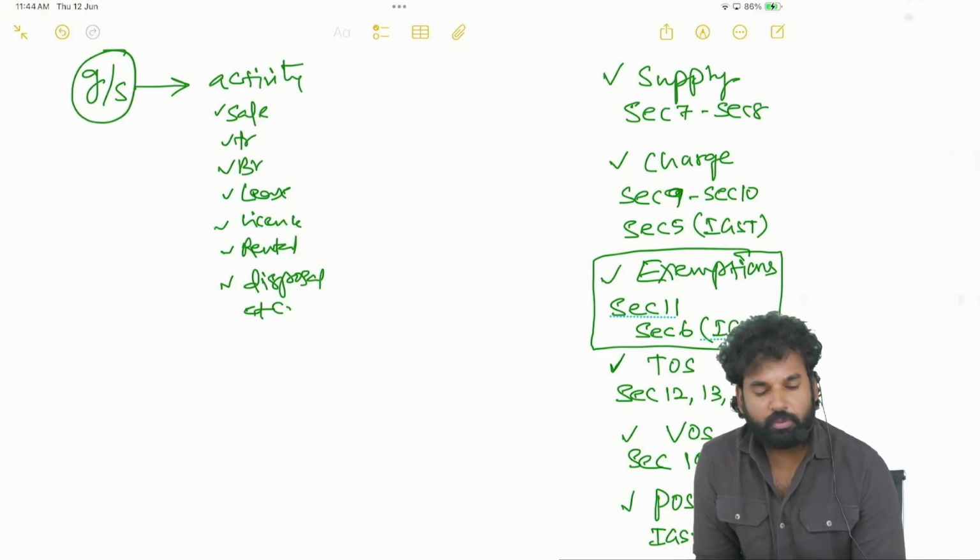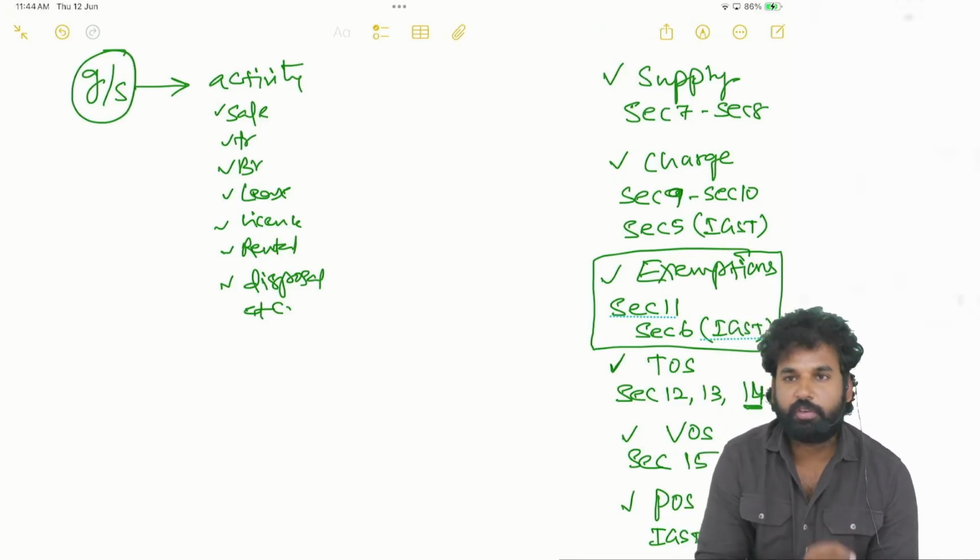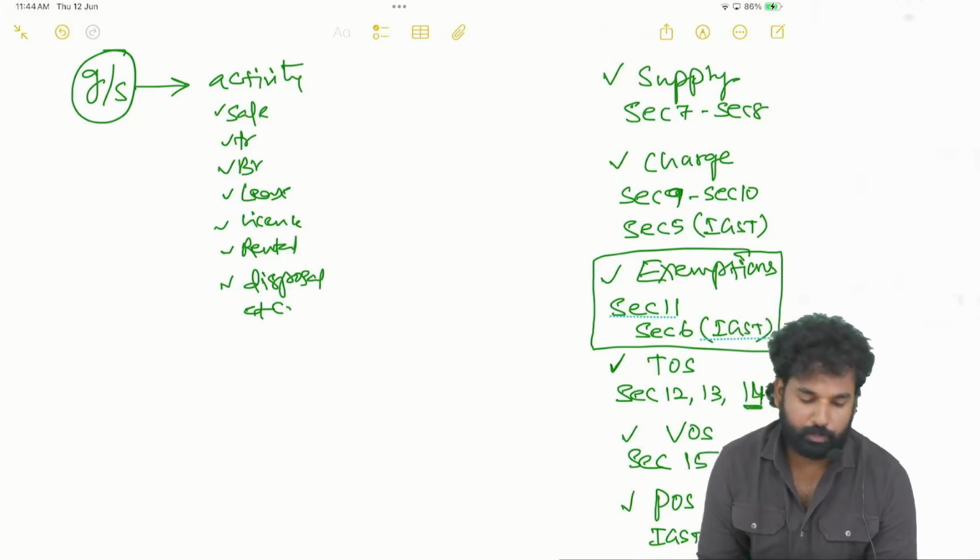It may be sale of goods or services, transfer, barter, or lease or license of services or goods.